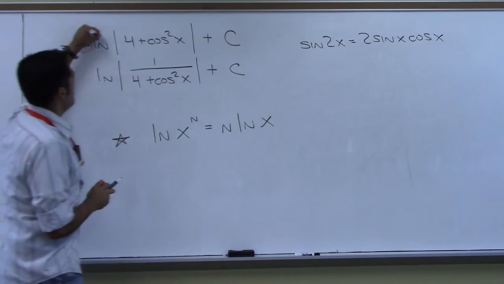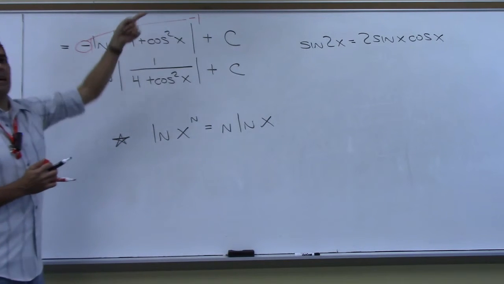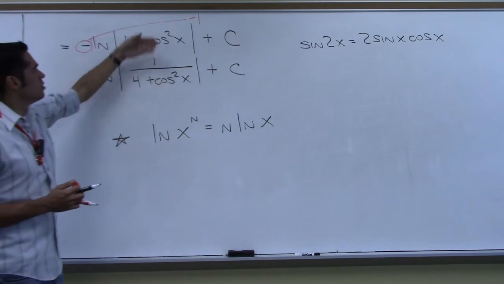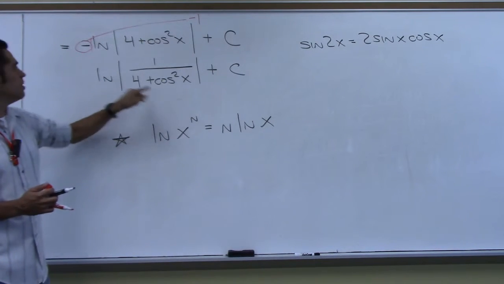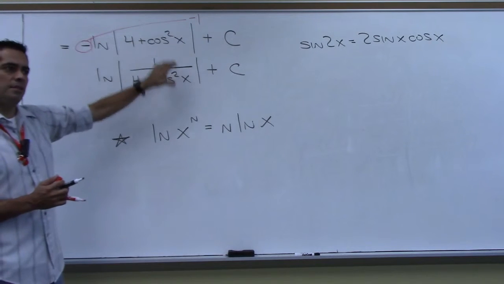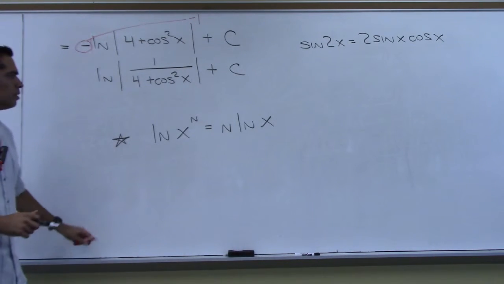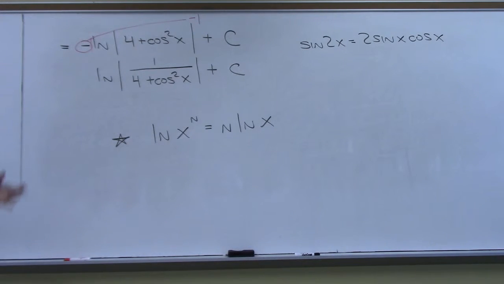They moved it up as a power right here, -1. And when you have something to the -1, it basically drops it down. So you took this whole thing and dropped it down, and it became 1 over it. So the negative goes away in front, and it creates this fraction. Just be aware of that, because answers in the back of books, they love to do things like that, and you're like, what the heck?